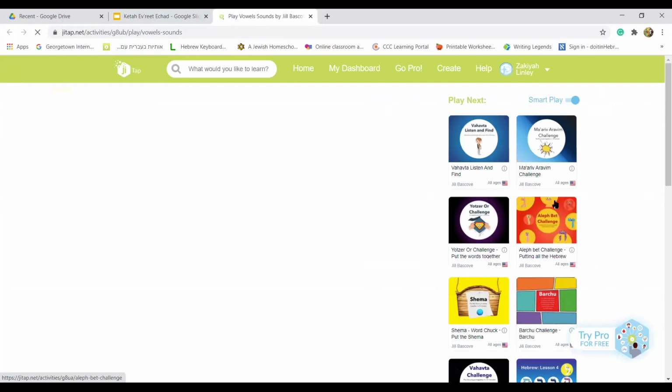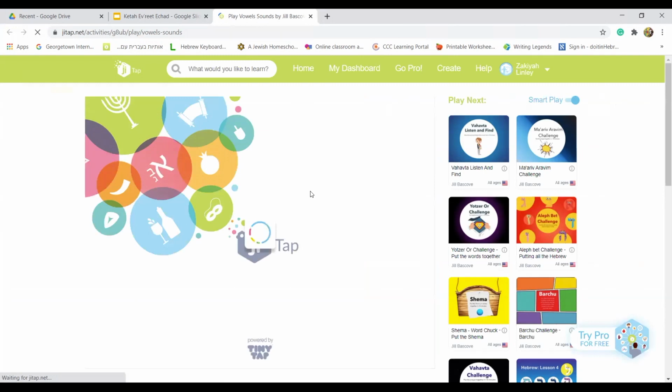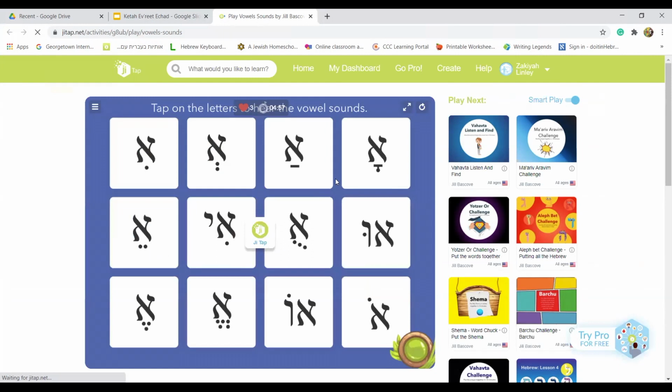I recommend this website to anyone here. I really like this website. You can practice all of your letters and learn the different Aleph Beit letters with the vowels.